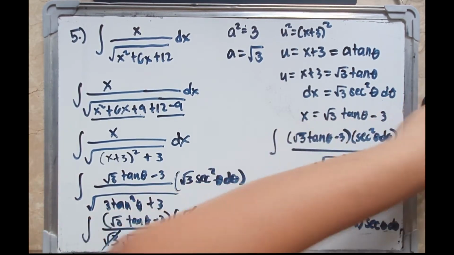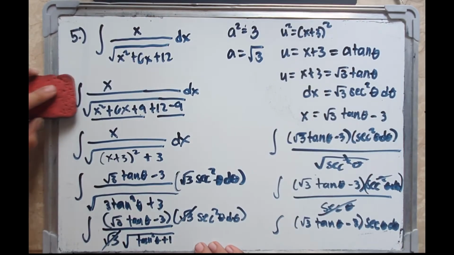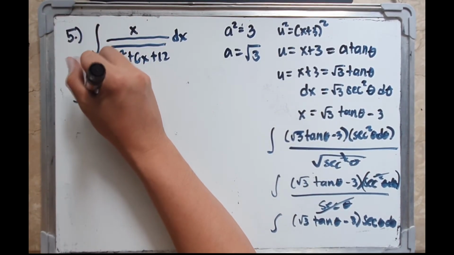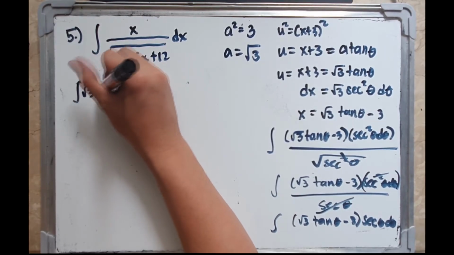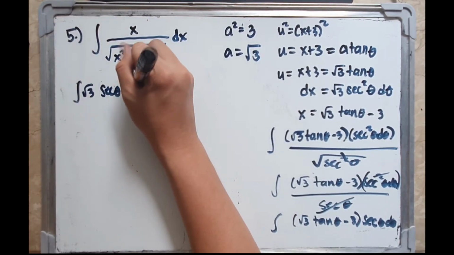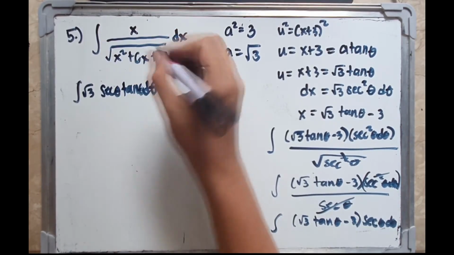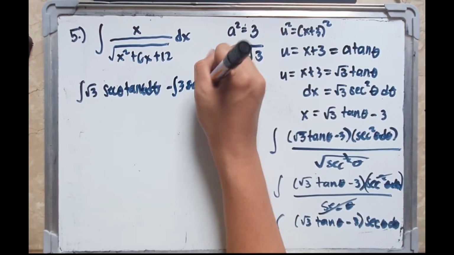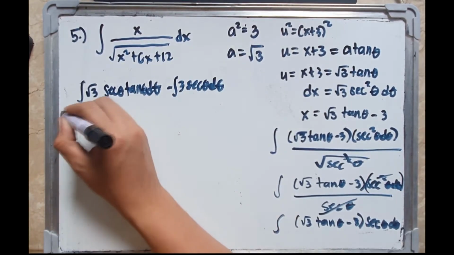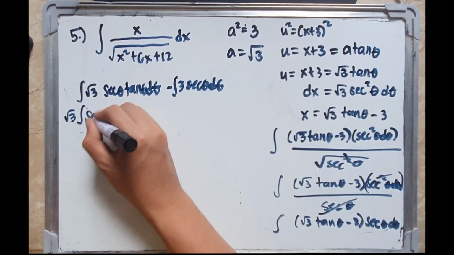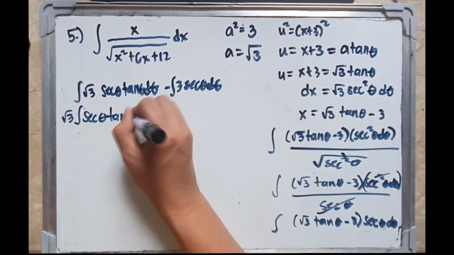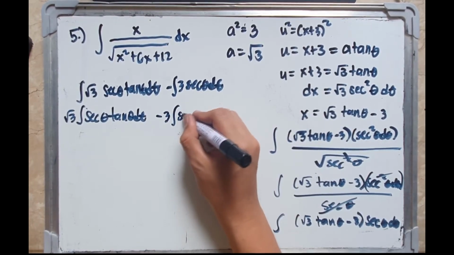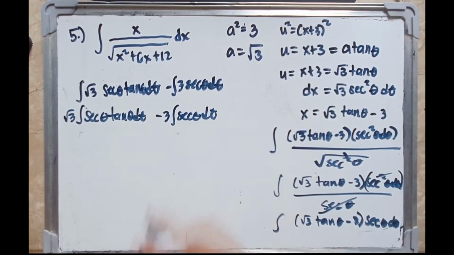Okay, so let's erase this part right here. So integral of square root of 3 secant theta tangent theta d theta minus 3 secant theta d theta. Square root of 3 integral of secant theta tangent theta d theta minus 3 integral of secant theta d theta.